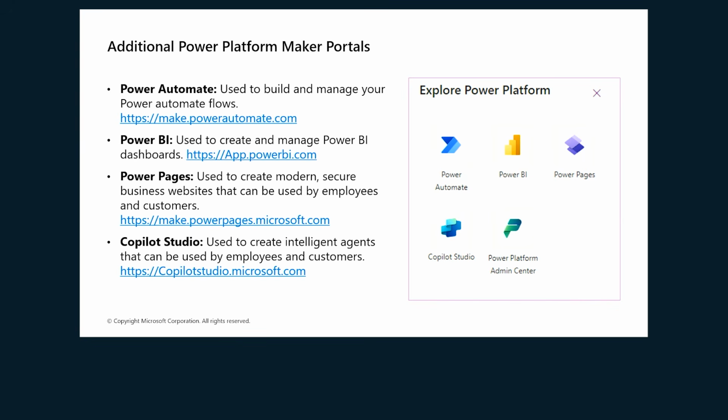Copilot Studio's URL is also listed here, copilotstudio.microsoft.com. This allows users to design intelligent agents that assist with tasks through conversational interfaces. These agents can be embedded in apps or websites to provide real-time support, such as an HR chatbot that answers employee questions about benefits.